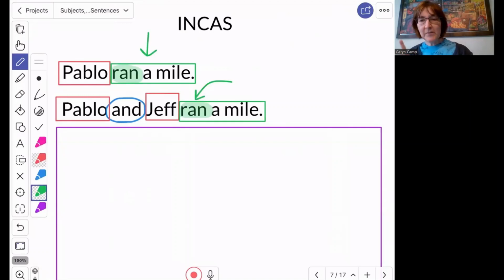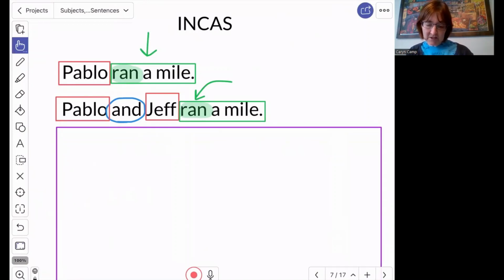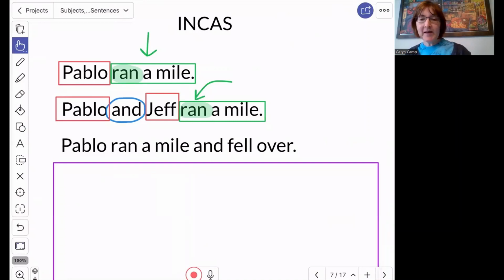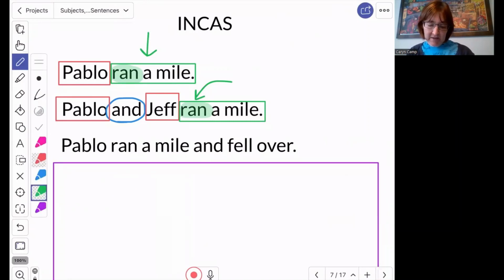So we're only going to use compound for talking about subject and predicate if we see that word and or a fanboys conjunction. All right, so let's look down at this one. Pablo ran a mile and fell over. Well, right away, we see the word and. Okay, so there's going to be a compound something. All right, so let's see.